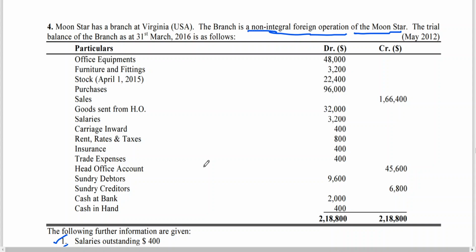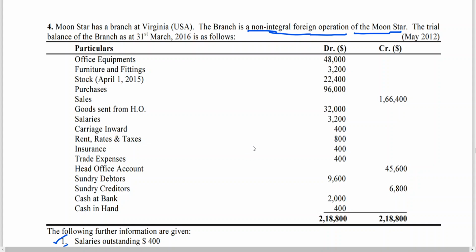Opening stock, if carried at historical cost, for non-integral, opening rate. Even for integral also we have used the opening rate. The reason is that we don't have the actual exchange rate for opening stock. For closing stock also, ideally the actual exchange rate, but since in the problems so far we don't have the information, we went for closing rate only.